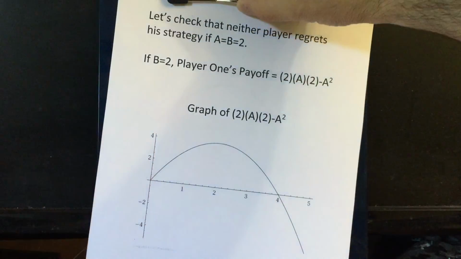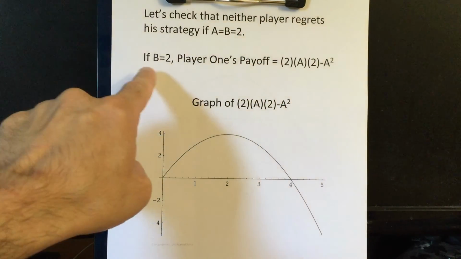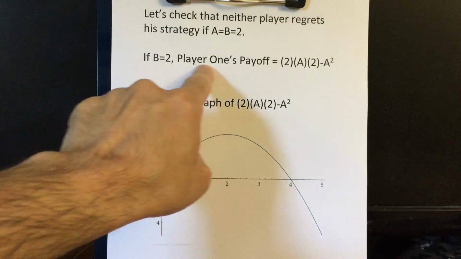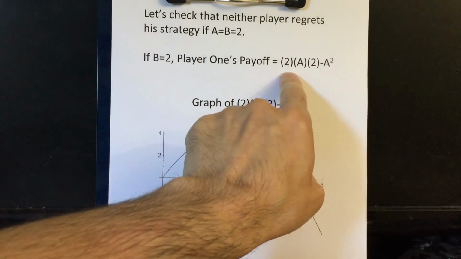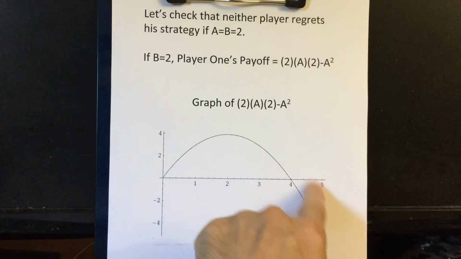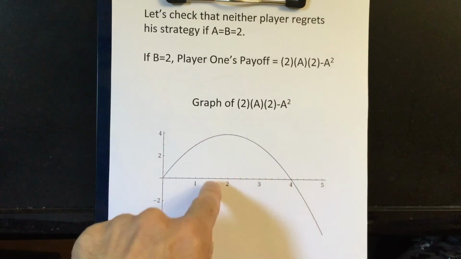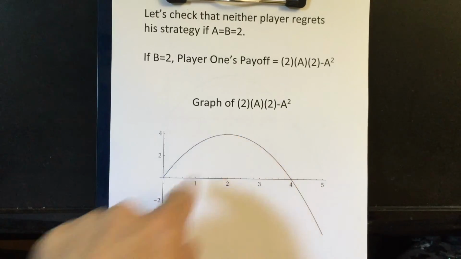Let's just check graphically that neither player regrets his choice. So if B equals 2, player 1's payoff is this. I've just put in 2 for B. We can graph this function where this is A and how high up is player 1's payoff, and you see this is maximized at 2.